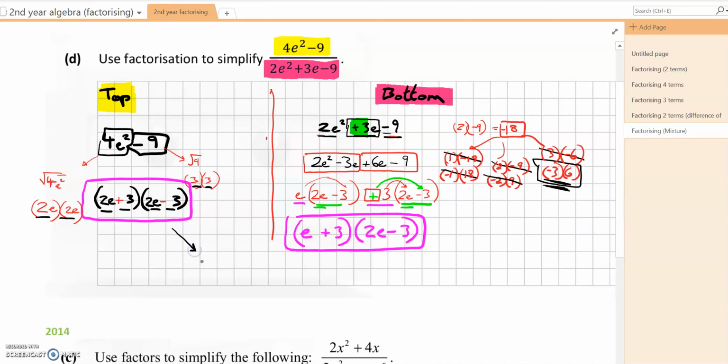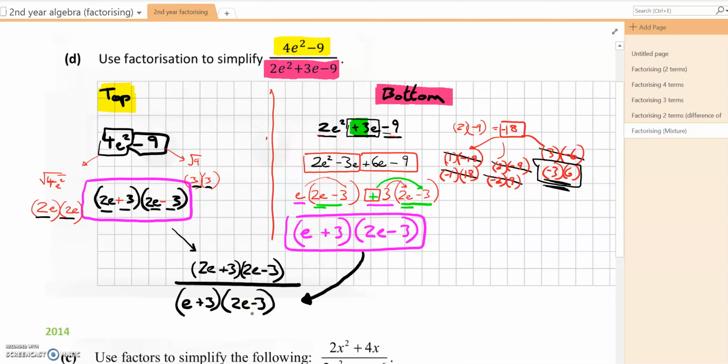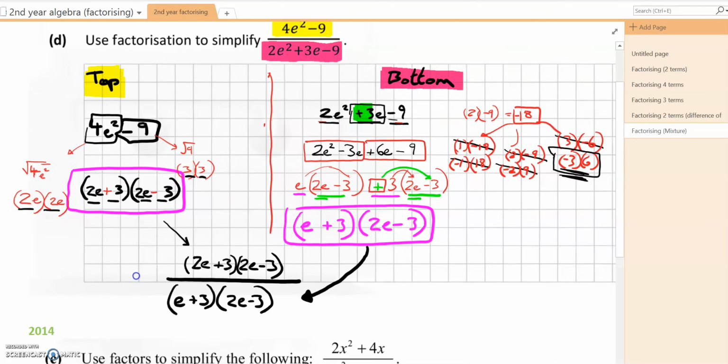On top I've got 2e plus 3 and 2e minus 3 over, and on the bottom I've got this. These are my factors at the bottom. E plus 3 and 2e minus 3.